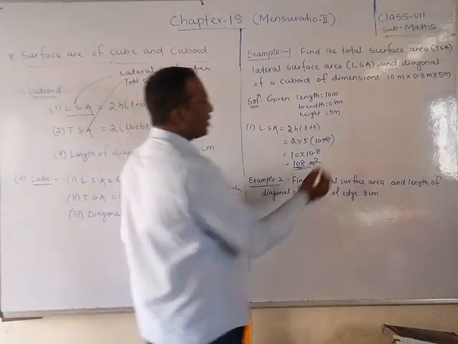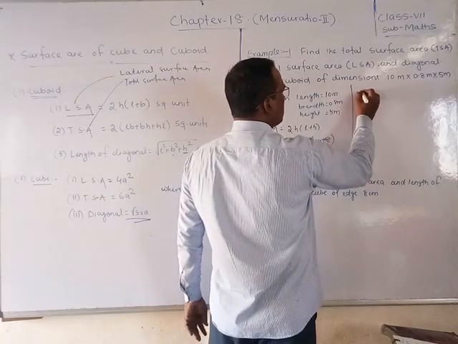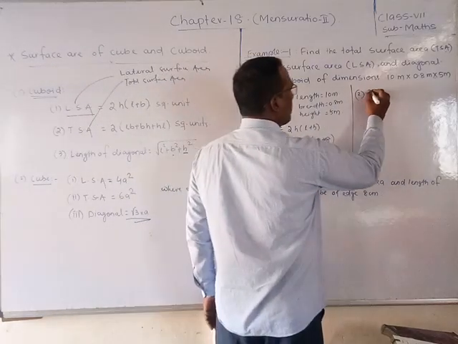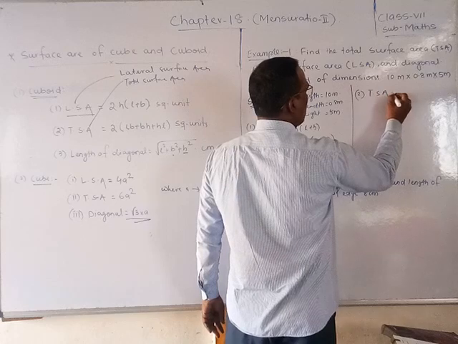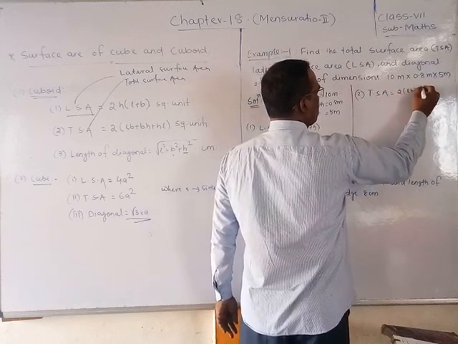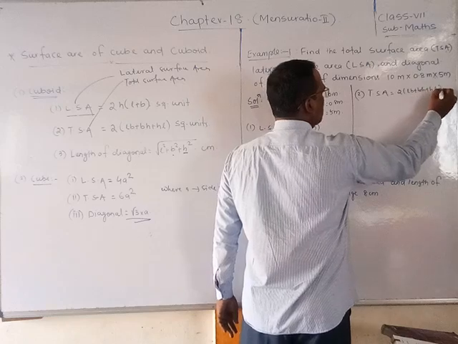Now the second answer, the total surface area. TSA is 2 whole LB plus BH plus HL, square centimeter.